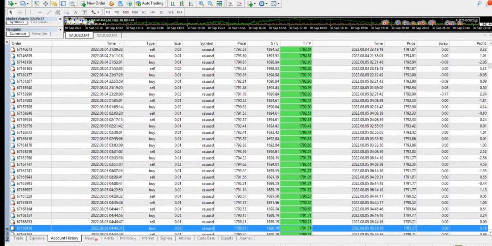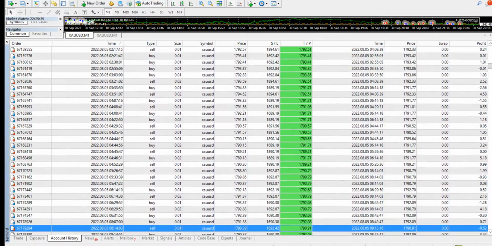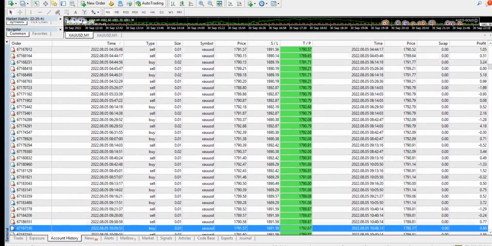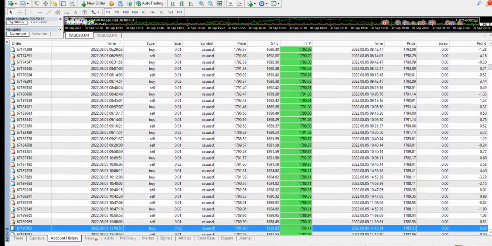Guys, about this EA, one very important thing is that it doesn't trade aggressively in the early US session. Most of the time, 90% or maybe 95%, it used to close all the trades before the US session starts. But in case some trades remain, it tries to manage those trades within the US session.